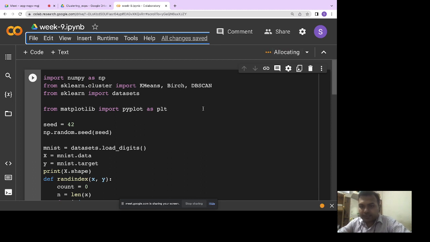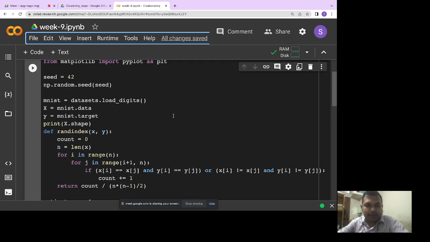So this question is pretty simple. What they have asked is, there is a data set called MNIST. The MNIST data set, I think you know this already, has a large number of handwritten digits, 0 to 9, and we have to classify them.